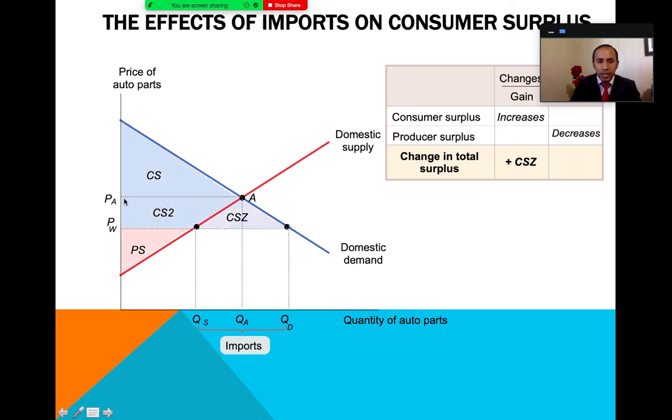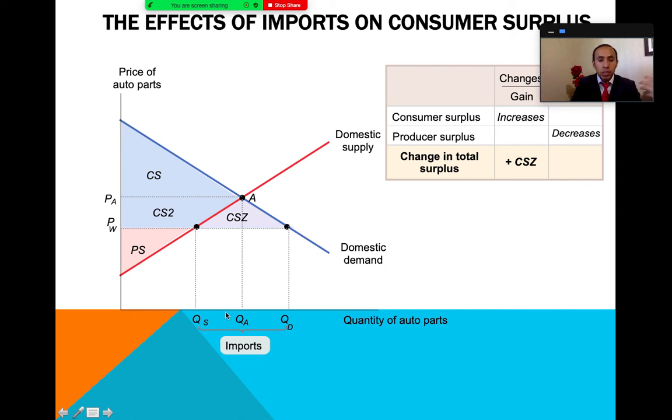And the consumer gains are going to be represented by the blue area, which is consumer surplus 1, consumer surplus 2, and consumer surplus C. This is consumer surplus that was not there before but is now there because we have access to imports, and those imports provide the consumers some form of benefit at a lower price. So all of the consumer benefit will be the blue area highlighted within this triangular shape.